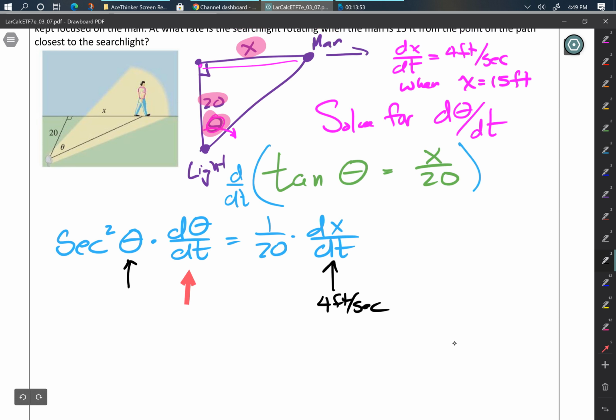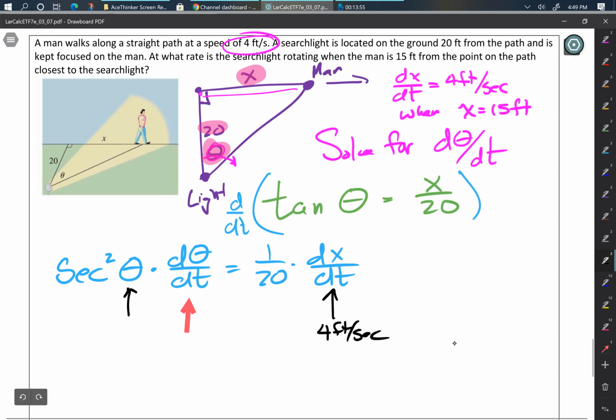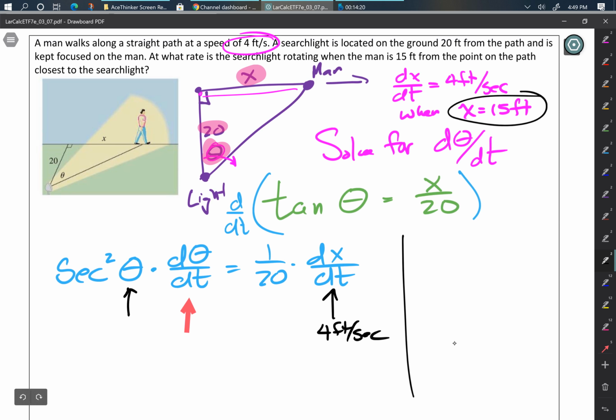And theta must be given. But theta isn't given. So what do I do? Last time I had a right triangle problem and I wasn't given a piece of information that I needed, I solved for it. So maybe I need to go back to the green and solve for theta.